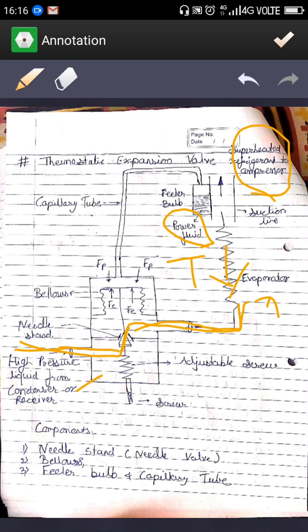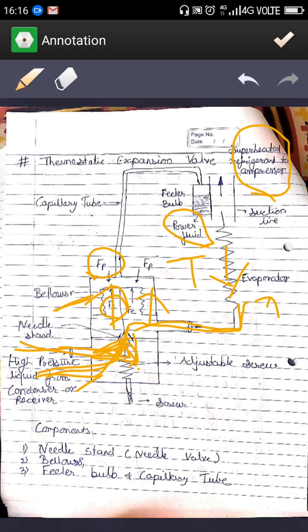As the pressure decreases, its force F of P also decreases. When F of P becomes less than F of E, at this time the bellows starts to go up. When the bellows starts to go up, the needle comes to its initial position and starts closing the valve, and the entry of liquid refrigerant is restricted, so that no more liquid goes further inside. In this way the valve stops here.